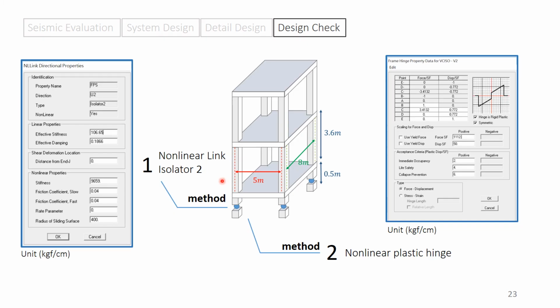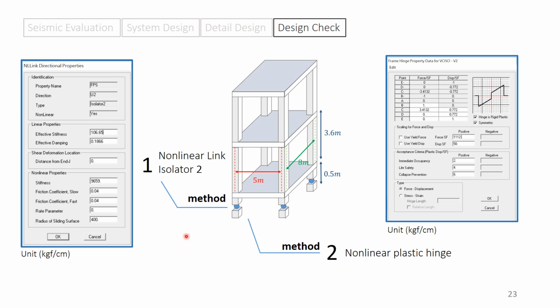And at last, we have to check the design. So we have to simulate the friction pendulum bearings in ETABS. There are two methods. The first method is using the nonlinear link property Isolator 2. And the second method is using a nonlinear plastic hinge to simulate the FPB.